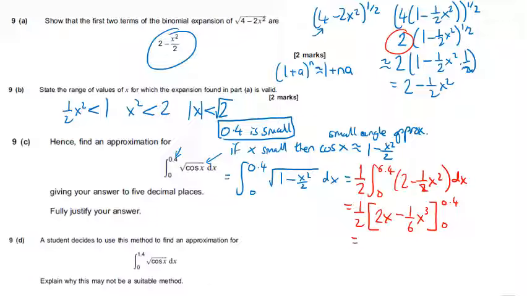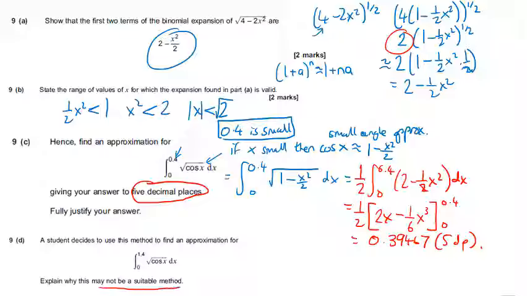And if I do that on my calculator, then I get 0.39467. So again, just looking at the question to tell me to put it to 5 decimal places. And finally, a student decides to use this method to find an approximation for this integral.